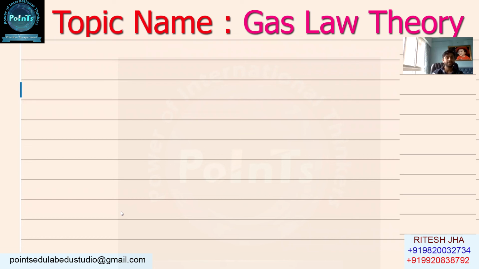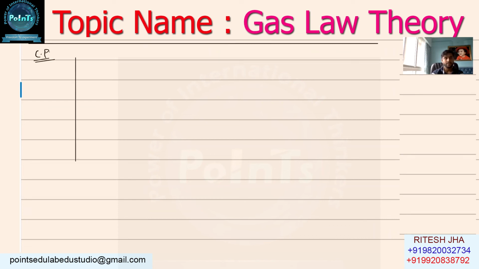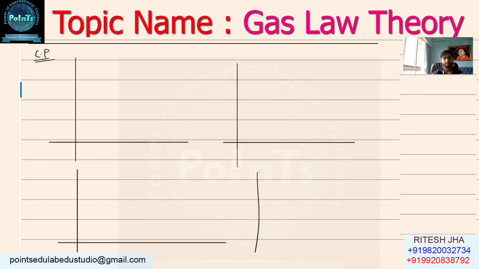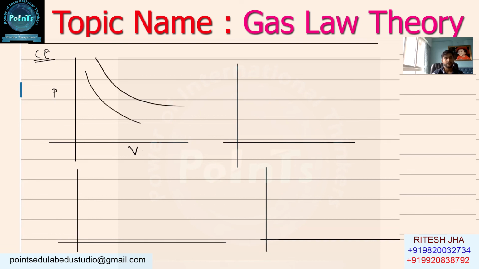Next type of question, guys. Over here, you are given a few graphs. This is P, this is V, and these are the curves. This is at T1, this is at T2, this is at T3.